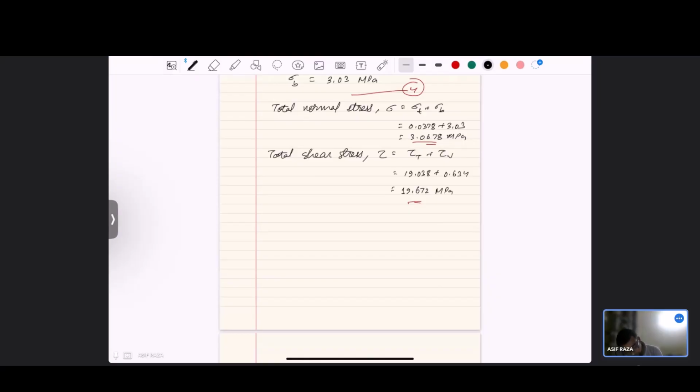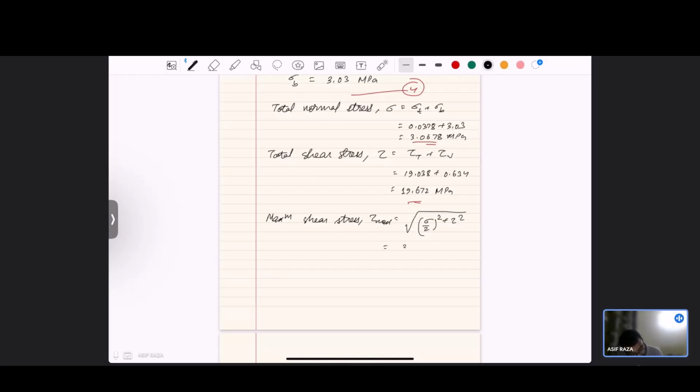Now the final thing, the maximum shear stress. Tau max would be equal to the square root of sigma by 2 whole square plus tau square.